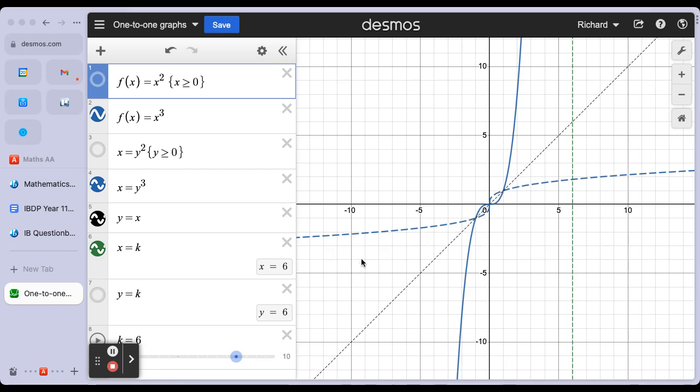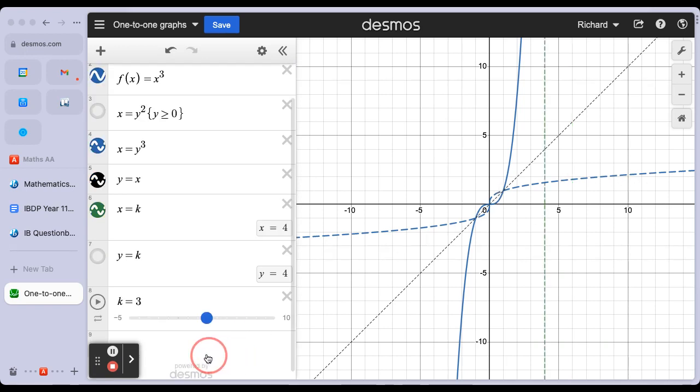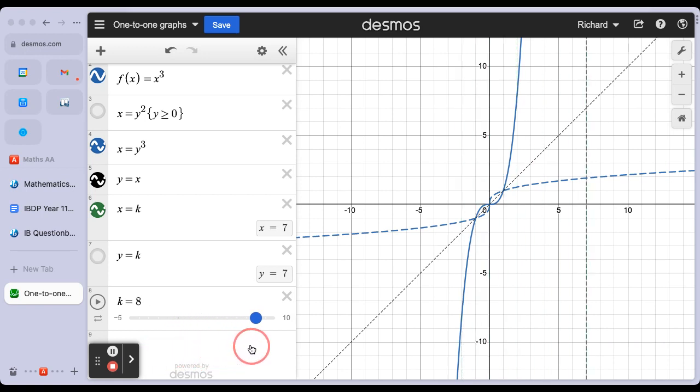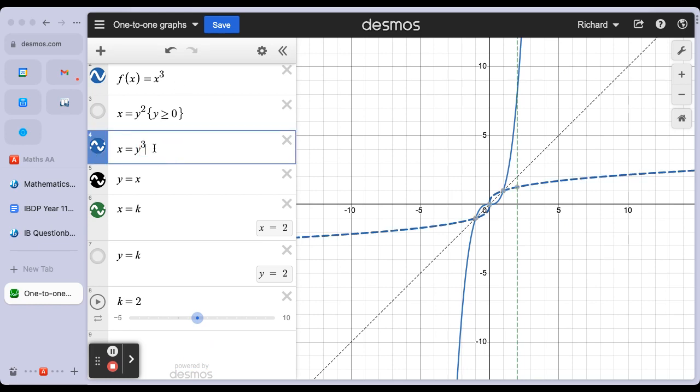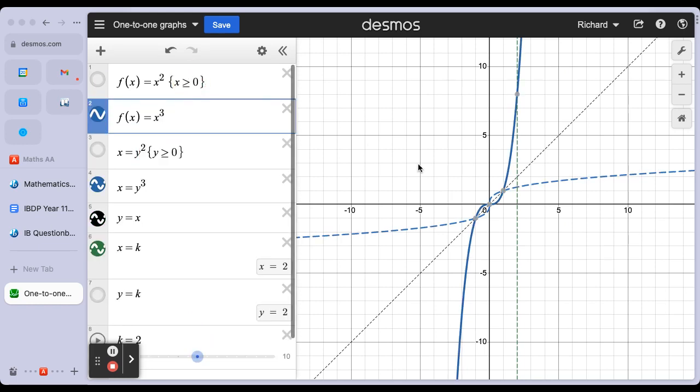Its inverse 100% passes the vertical line test because the original function, which is this one, passed the horizontal line test. Okay, so I'll summarize that because I spoke a fair bit there. The reason why the original function has to pass the horizontal line test is because when you flip it to its inverse, the horizontal line will become a vertical line.